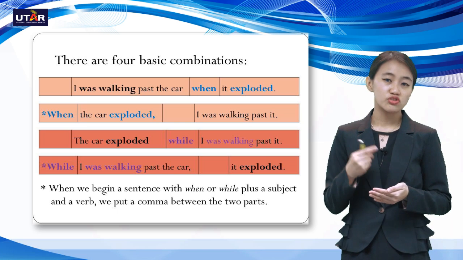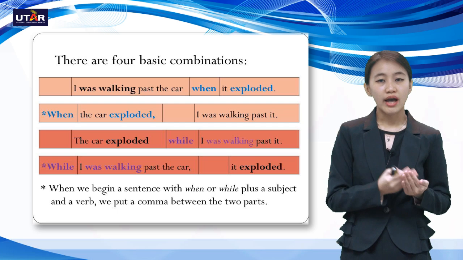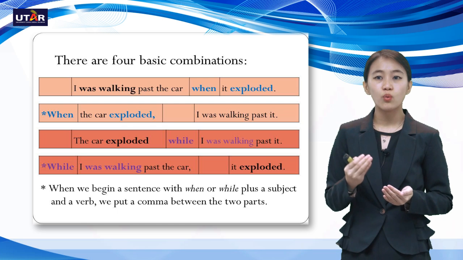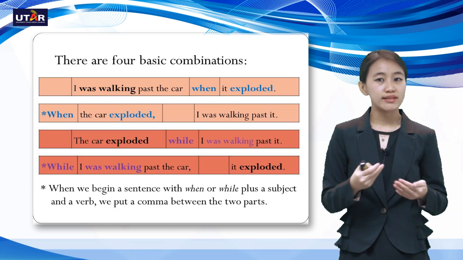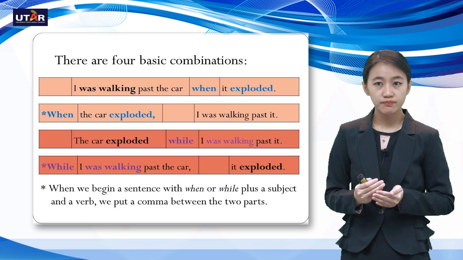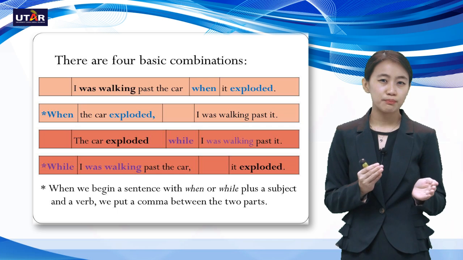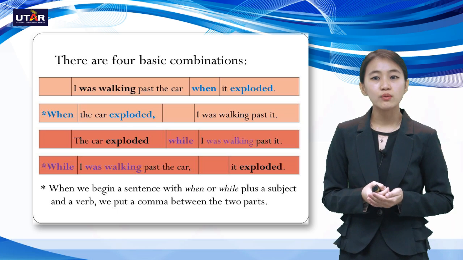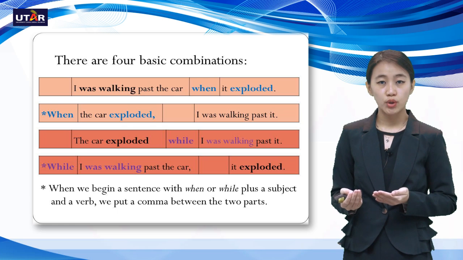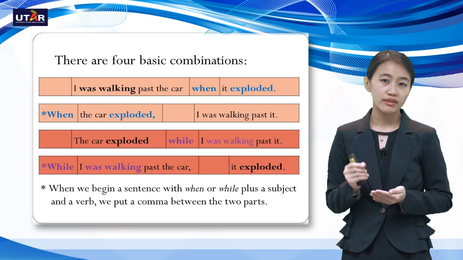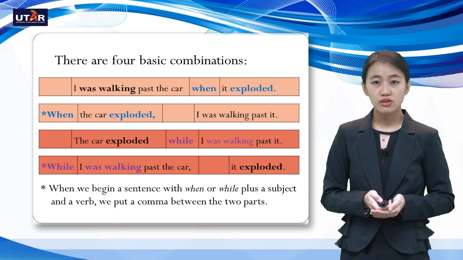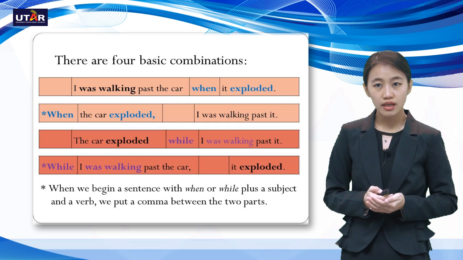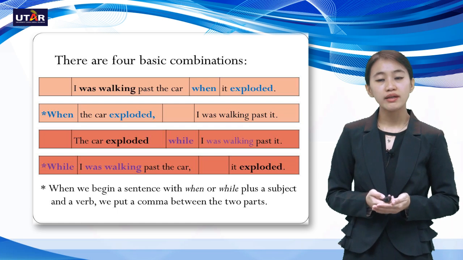So if you notice the tone, when I speak having the when in the middle of the sentence, I was walking past the car when it exploded, rather than when I say, when the car exploded, I was walking past it. So there's a bit of a pause there if you notice. So similarly, while I was walking past the car, it exploded. So the reason why there's a comma there is because of that short pause. So please remember, when you start with when or while, there should be a comma, then only you follow it by your action.